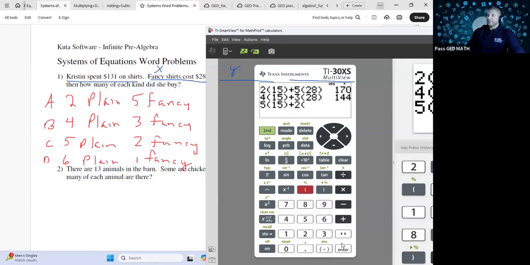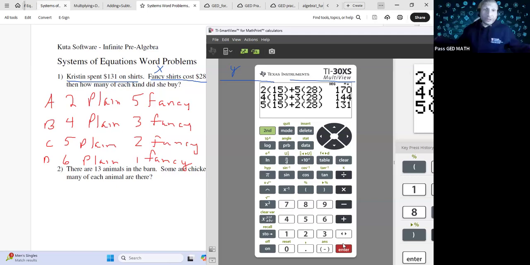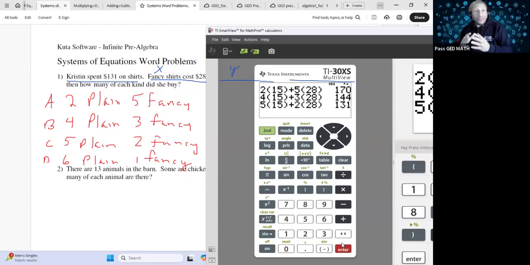I hit enter. Did I get 131? Yes. I'm done. I don't have to spend 5 to 10 minutes trying to solve this problem. Process of elimination. The person who sent me this email spent 11 minutes trying to solve this problem.